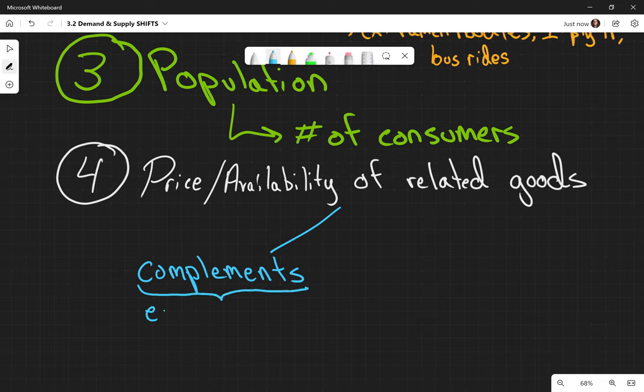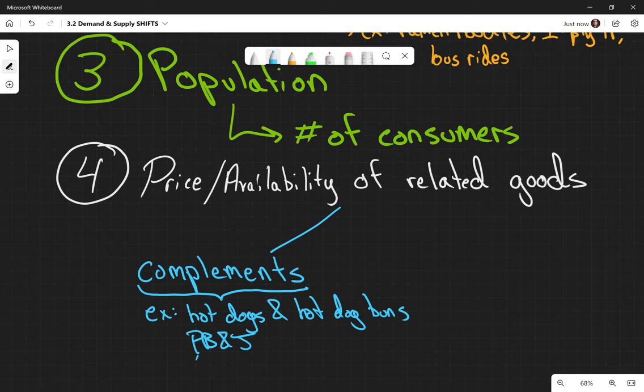Some examples of this: hot dogs and hot dog buns. Some other examples could be peanut butter and jelly, or shrimp and cocktail sauce.